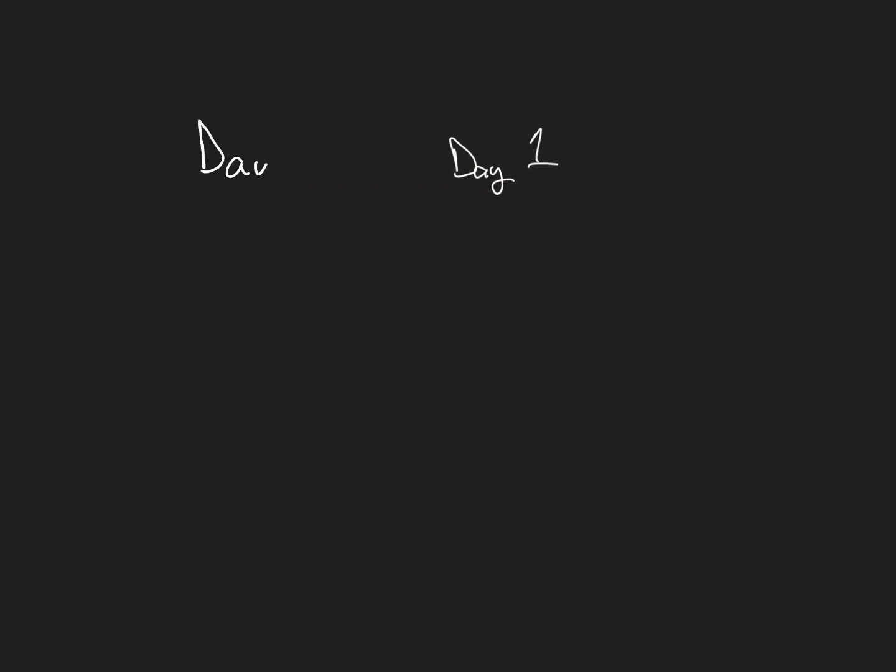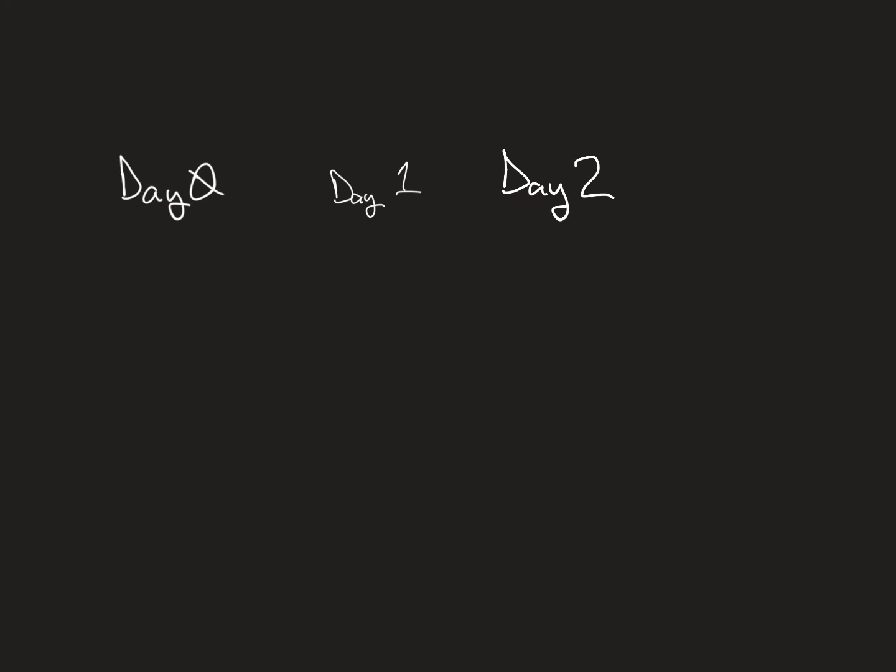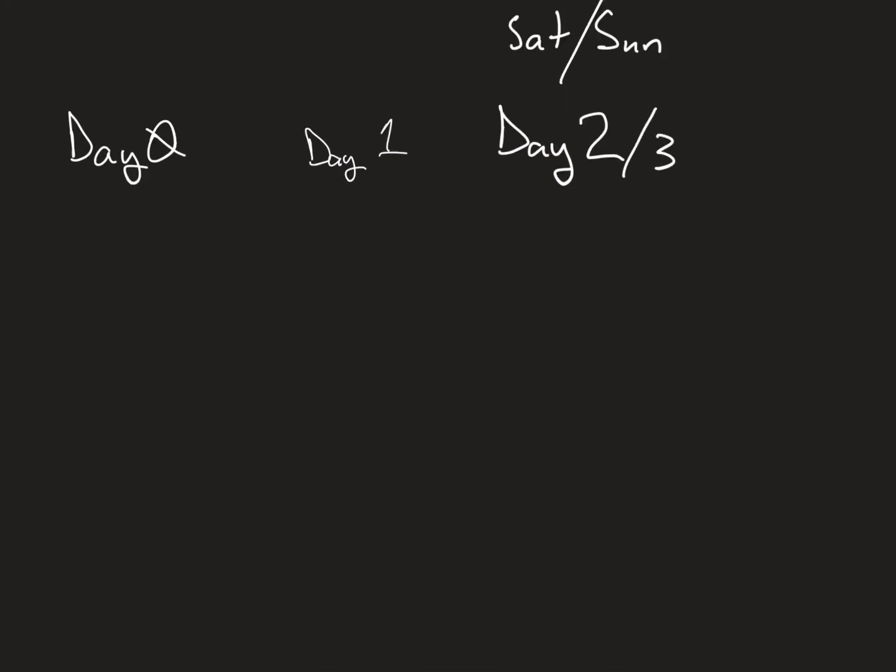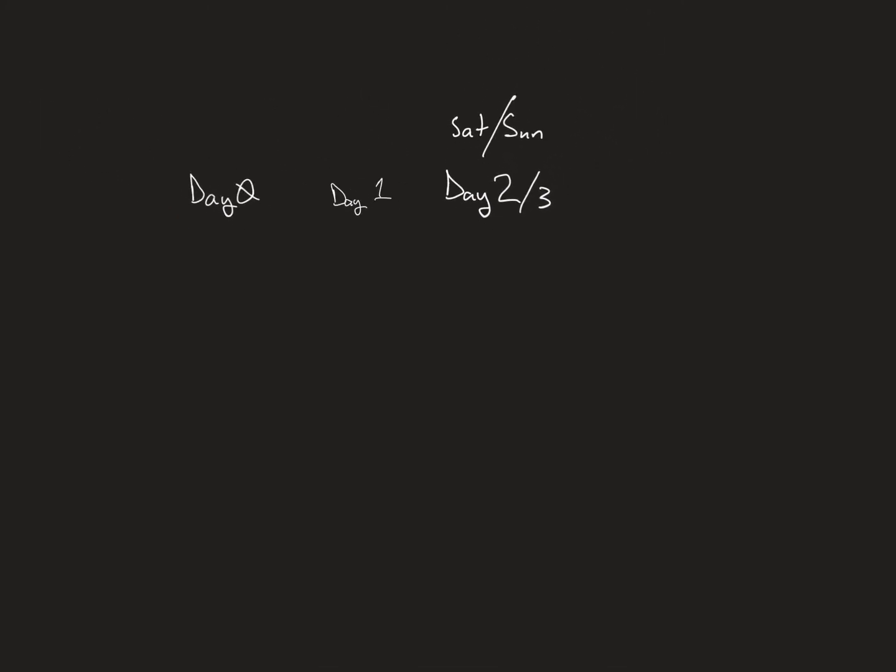Day 1, day 2, day 3. This is Saturday, Sunday. We're going to have water set up so that it stays moist over the week. I'm going to set this on a timer.